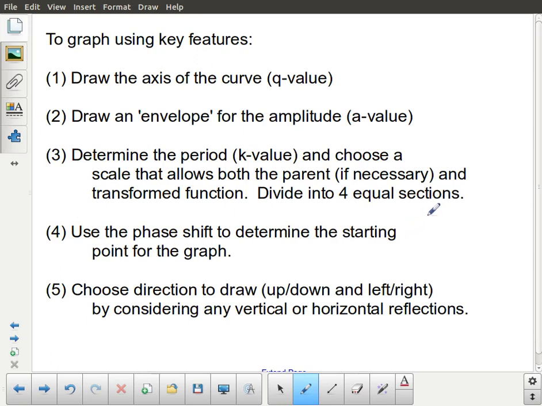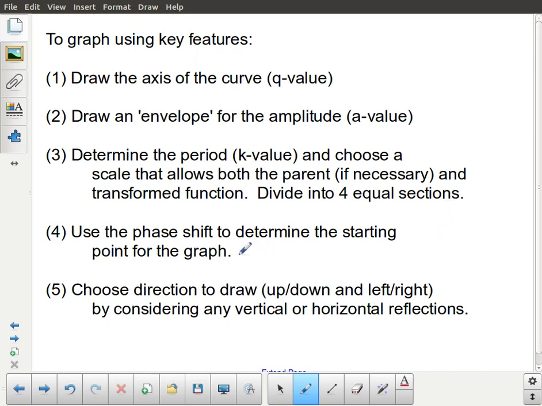Usually, but only usually, you can choose a scale that is going to work out fairly nicely with whatever grid you have. But that won't always be the case. It can be quite difficult, particularly if the parent function is already present and the scale is defined. You can't always fit the transformed function into perfect sections. In that case, you have to do your best. You're going to have to estimate between grid squares.